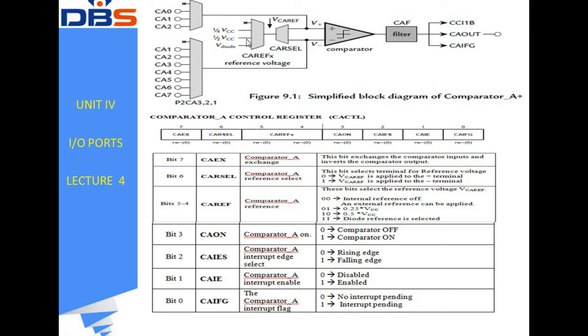When the bit value is 0 1, we are taking 1/4 of VCC as the reference value. When the bits are 1 0, we are taking 1/2 of VCC as the reference value, and when the bits value is 1 1, we are taking the diode reference value as the reference value.